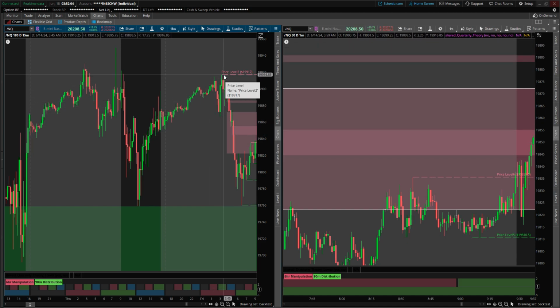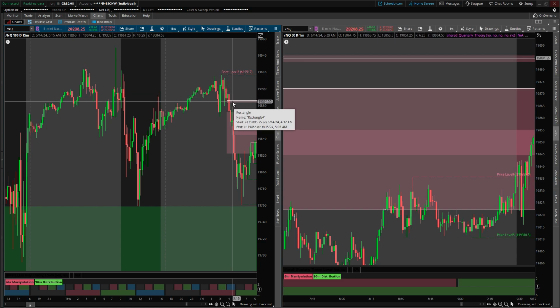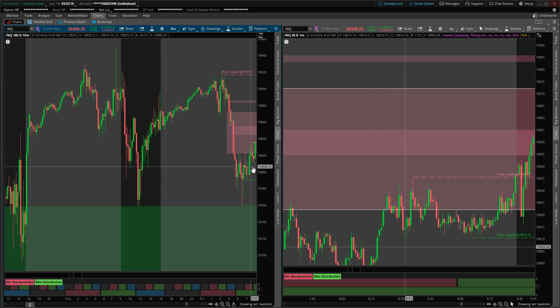As you see, we have buy side liquidity, which was also London highs right here. 15-minute fair value gap, 15-minute fair value gap, and a 1-hour fair value gap, all bearish. And then we marked out our sell side liquidity lines. And as you see, we barely missed tapping into the daily fair value gap here.